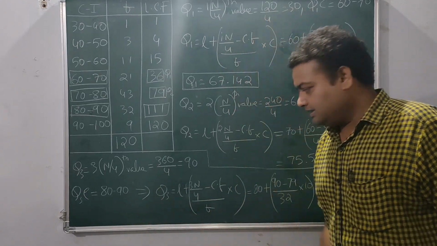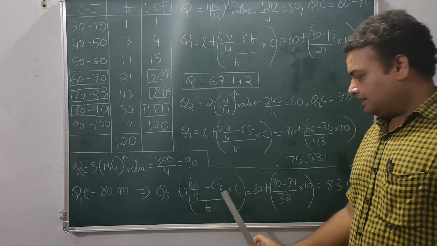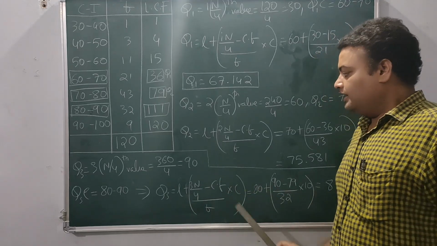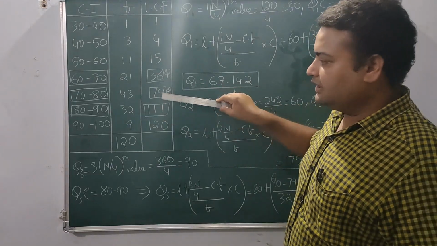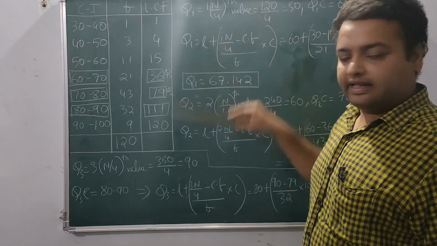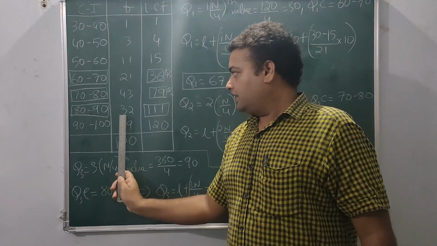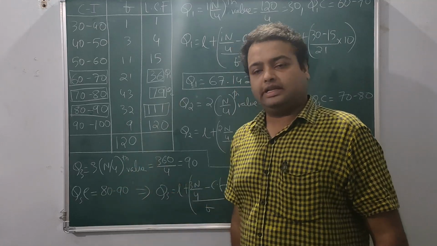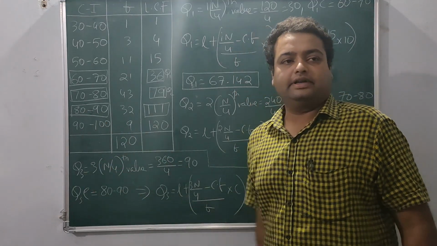Therefore, Q3 is equal to L plus 3 into n by 4 minus Cf divided by f into C. Here our Cf is the cumulative frequency preceding the Q3 class, that is 79, f is the frequency of the Q3 class, that is 32, and C is the width of the class interval here, that is 10.